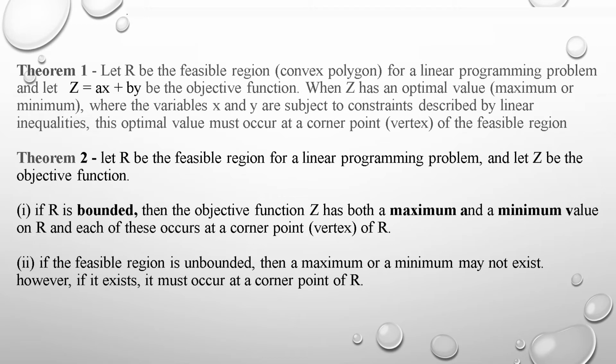If R is bounded, then objective function Z has both maximum and minimum value on R, and each of these values will occur at a corner point of R. If the feasible region is unbounded, then a maximum or minimum may not exist, meaning either one may exist and the other may not. However, if it exists, then it must occur at a corner point of R.